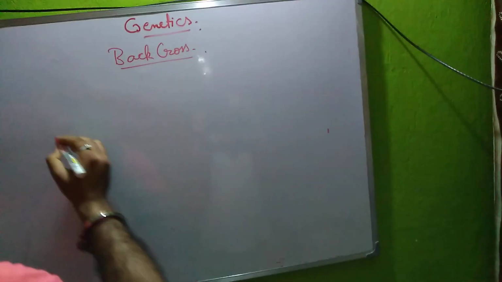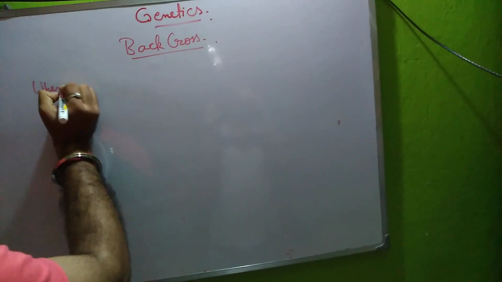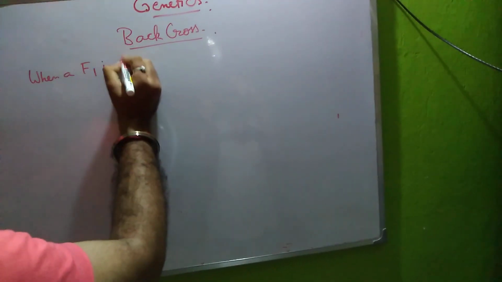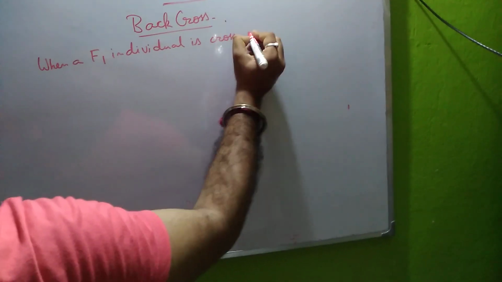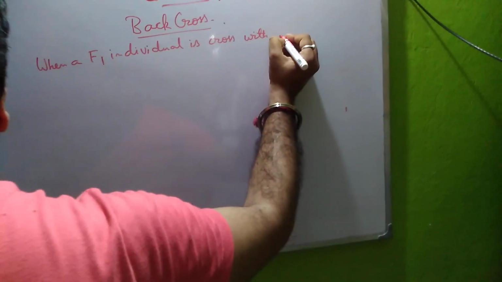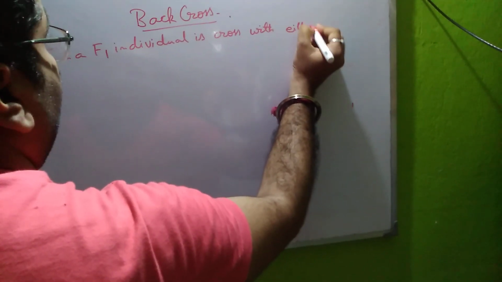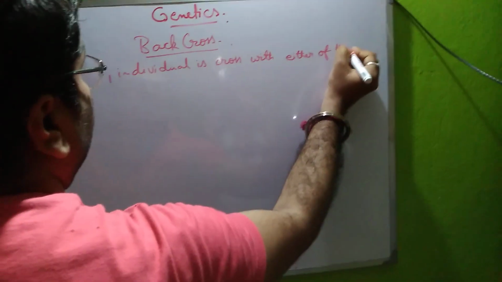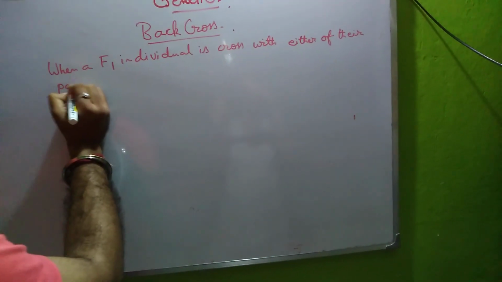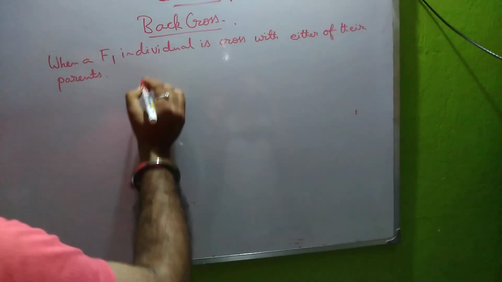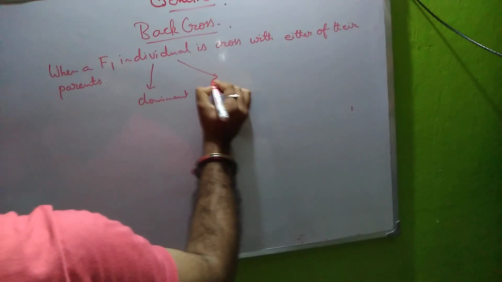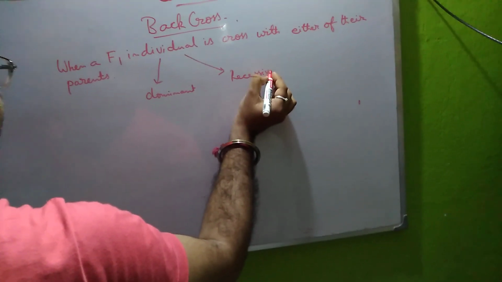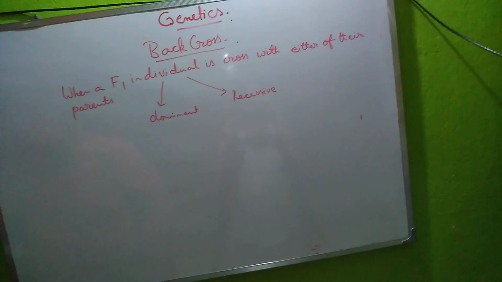Backcross, the name as it suggests, is when an F1 individual is crossed with either of its parents, meaning the F1 individual can be crossed with the dominant one or with the recessive one. This is what a backcross is.